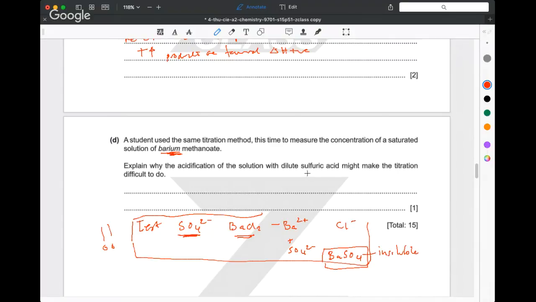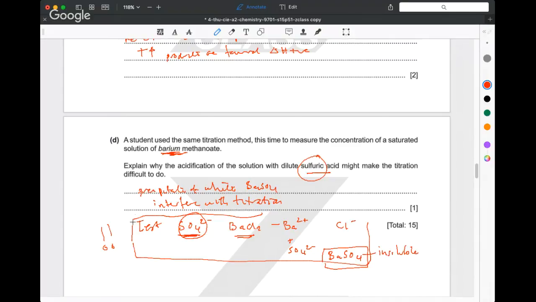But what happens if you add sulfuric acid to barium methanoate? Well, this reaction is not going to work anymore because the barium in barium methanoate is going to react with the sulfate from the sulfuric acid, and instead of providing acidification of the solution, allowing you to do a titration, you're going to get precipitate of white barium sulfate, and that precipitate will interfere with the titration.